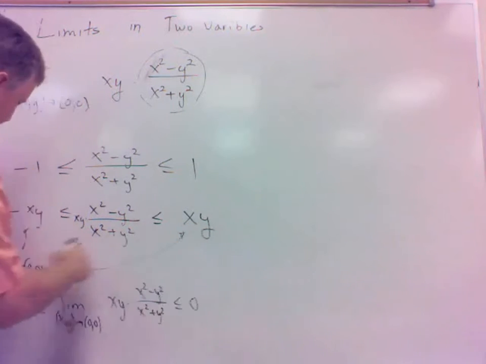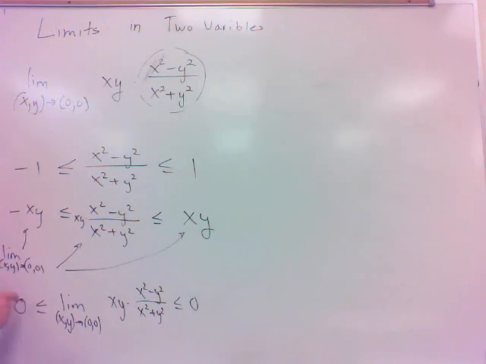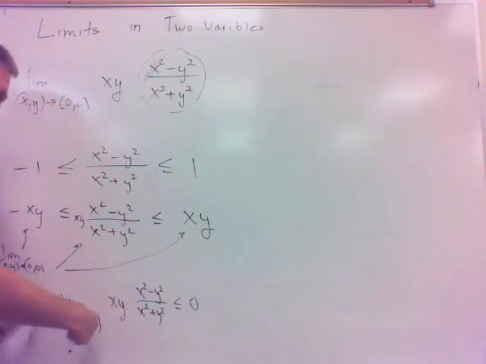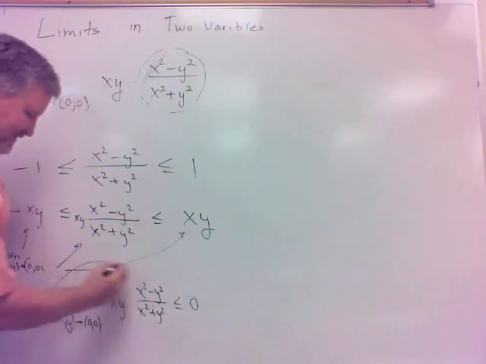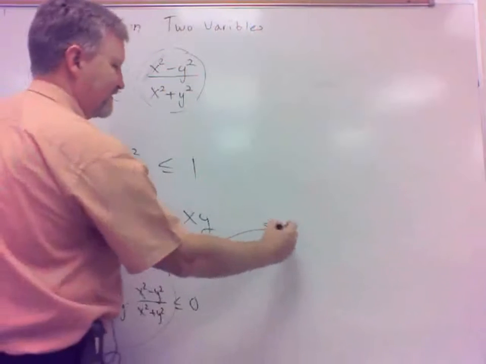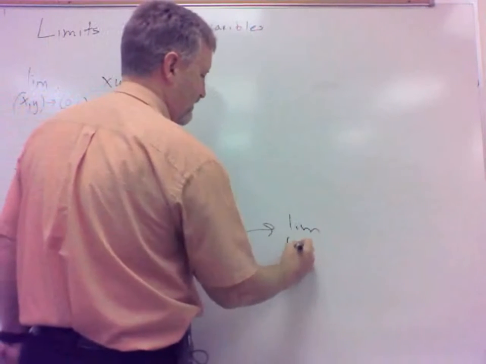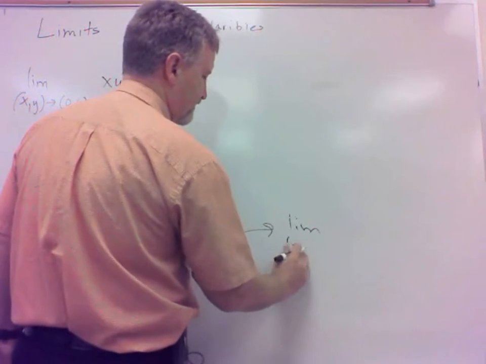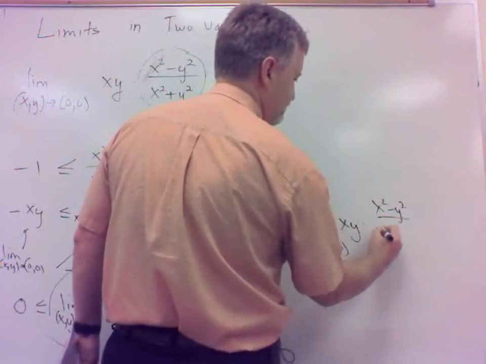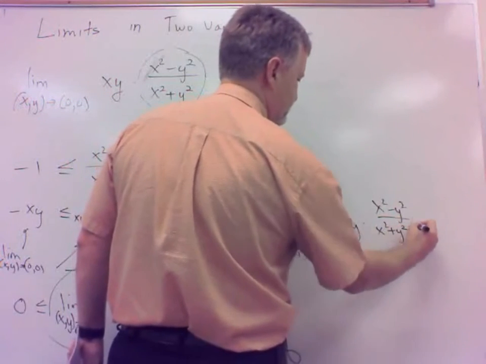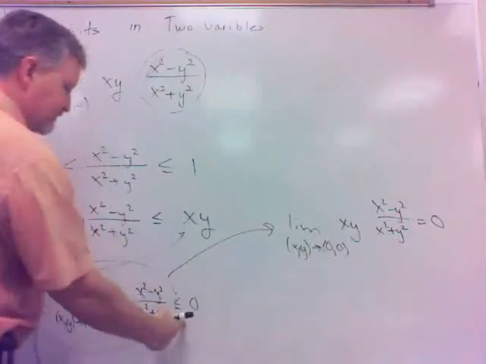The limit of the other side as (x, y) approaches (0, 0) is also 0. So we've got this thing trapped between 0 and 0. So what must this be? By the squeeze theorem, the limit as (x, y) approaches (0, 0) must equal 0, because it's squeezed between two 0 things.